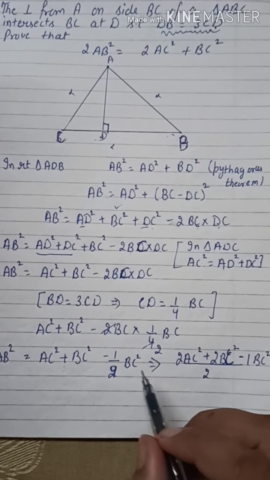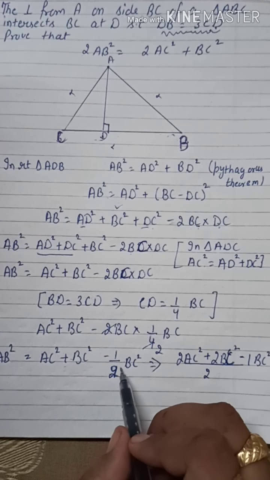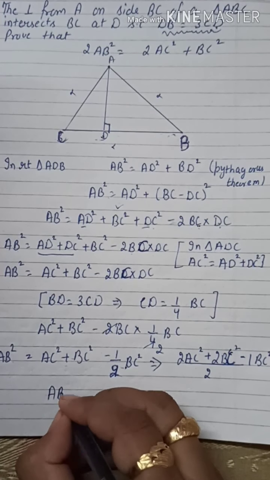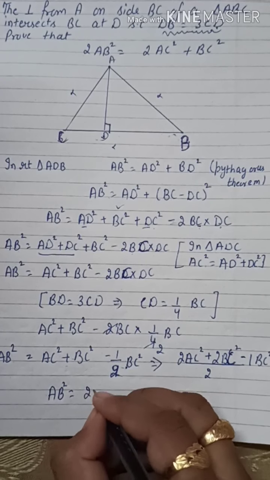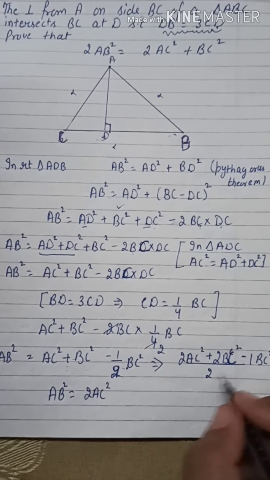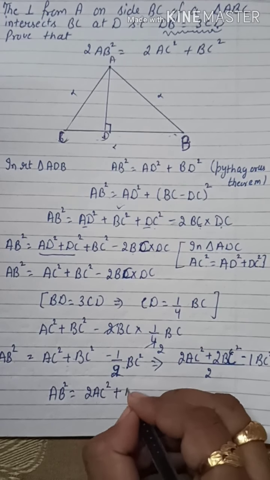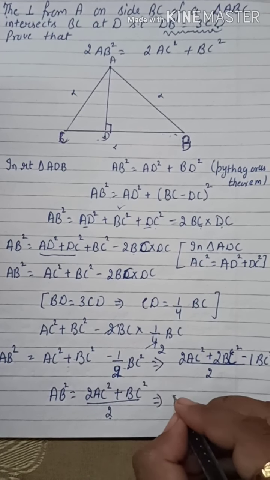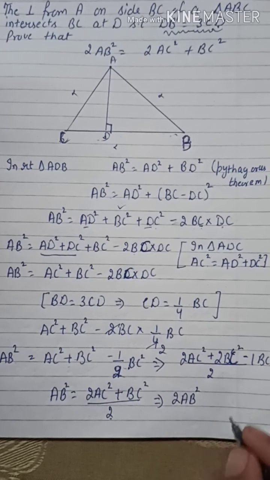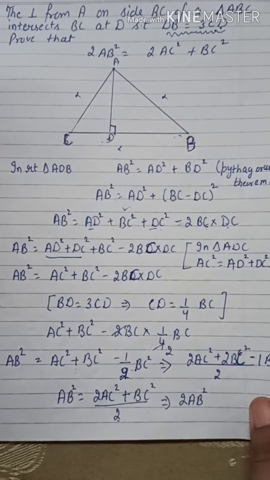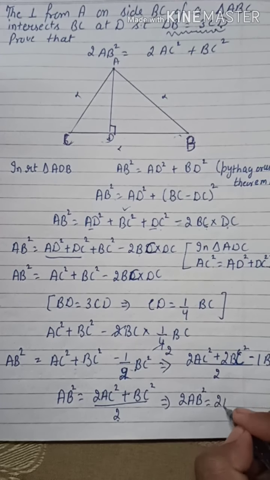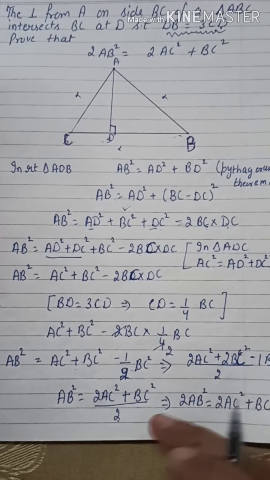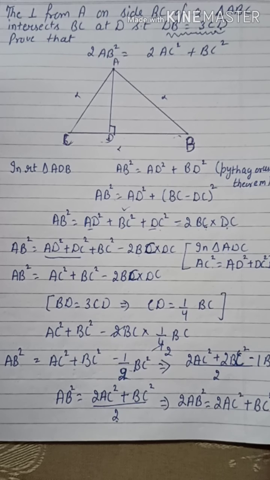Then 2 BC square minus 1 BC square is 1 BC square, so AB square equals 2AC square plus BC square, upon 2. Take this 2 to the other side, it becomes 2AB square equals 2AC square plus BC square. That is the proof of my answer.